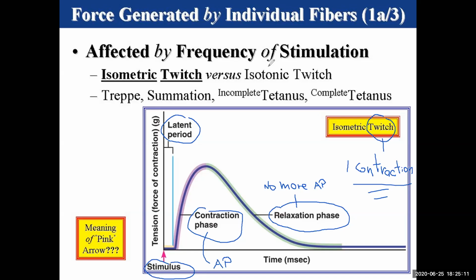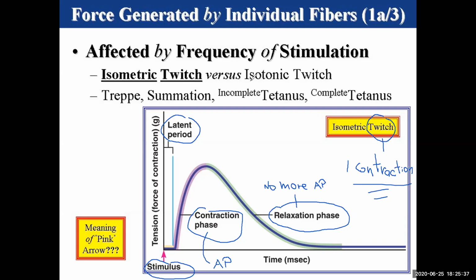So when we have isotonic, it means that the load can be moved by the muscle contraction. Isometric, the load is greater than the tension being generated by the muscle. Therefore, the muscle will not be shortening. The muscle basically remains the same.